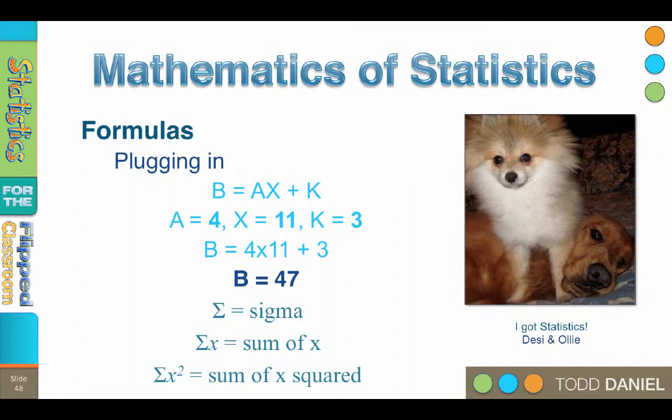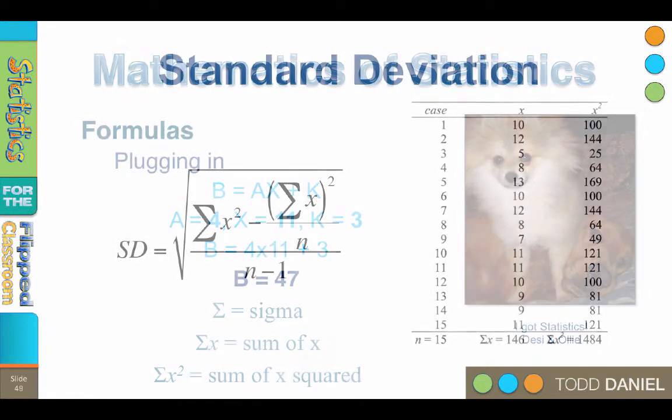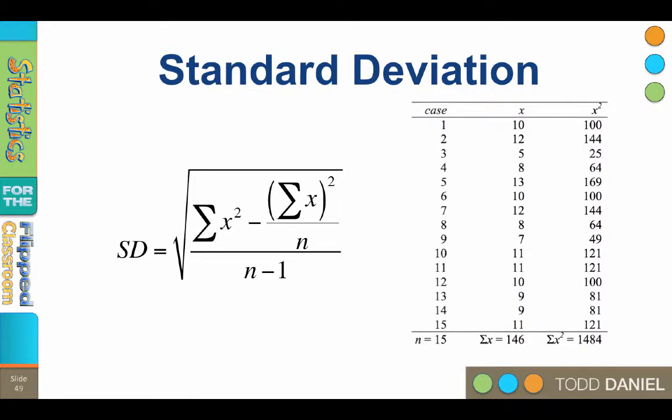Often what we will do is calculate values, such as by summing them up, then plug them into a formula. For example, this is the formula for standard deviation. We will learn about this formula when we study variability. Notice the sigma, the x's, the exponents, and the letter n. To get the values like the sum of x, we would add up a series of x values.